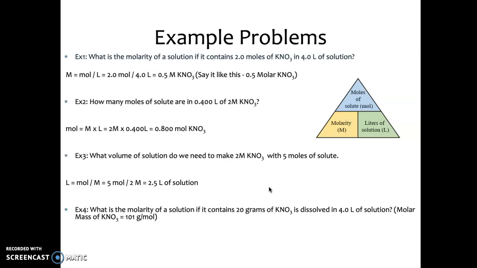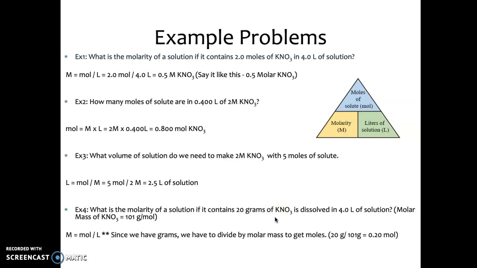And the last one, number 4, this is the hardest type of problem because it says molarity. Okay, so I know molarity is moles divided by liters, right? But it gives me grams and liters. So remember, in a lab setting, we would be measuring things in grams, and then at this point, hopefully we know how to convert to moles, which if I start with grams, I'd put grams on bottom, which means I have to divide by the molar mass.